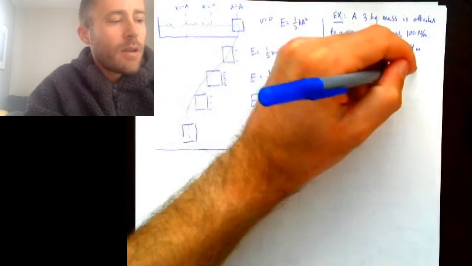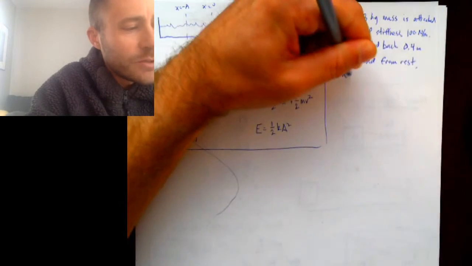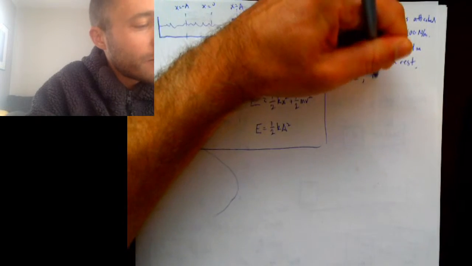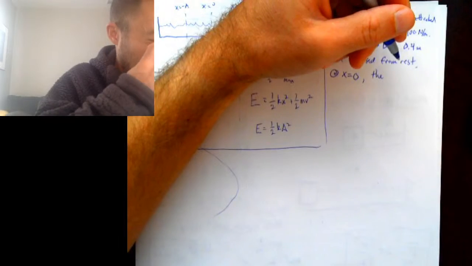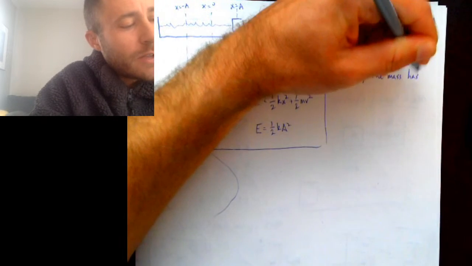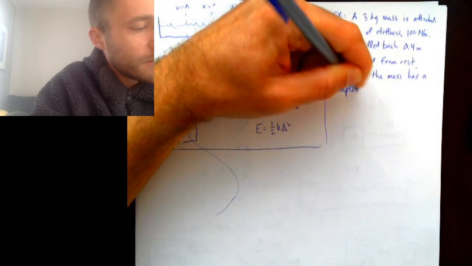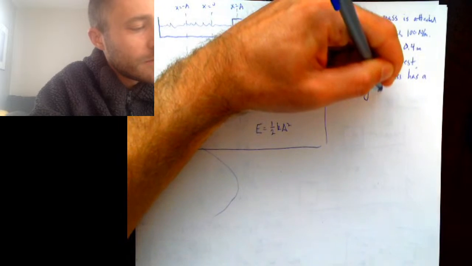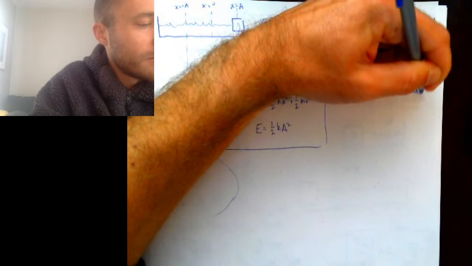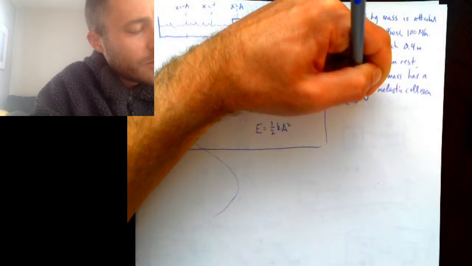At x equals 0, the mass has a completely inelastic collision with a 2 kilogram mass.